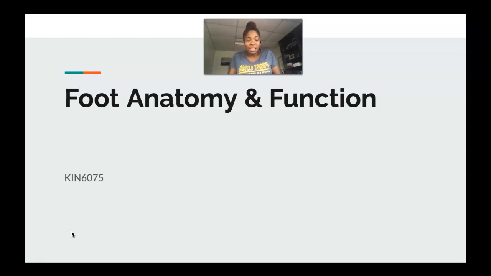The foot is important for making contact with the ground, but it certainly is also important for allowing us as human beings to stand up in an upright position, right? So today, what we're going to do in this lecture is really just dive deep into the topographical anatomy and function. What I mean by topographical is diving deep into the skeletal components of the foot and truly understanding it.